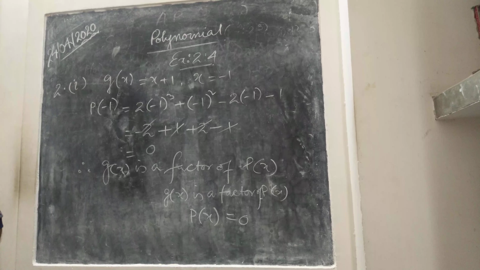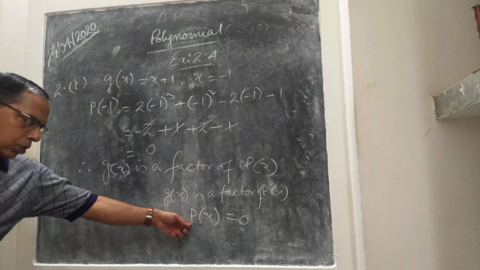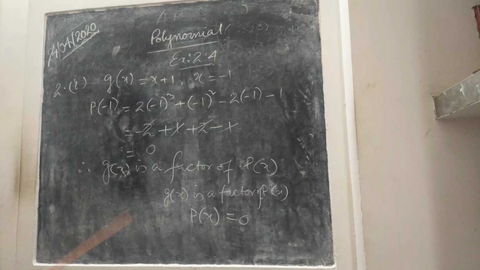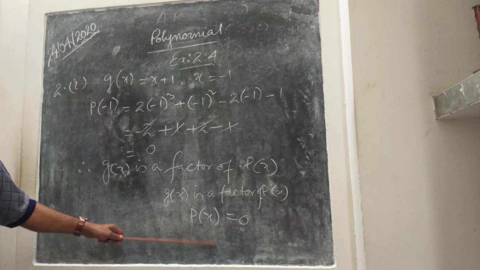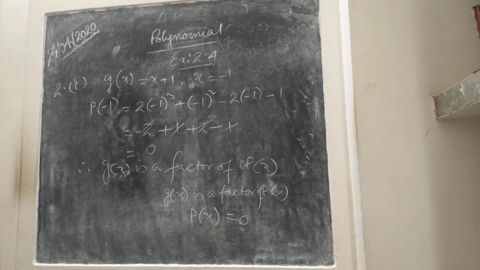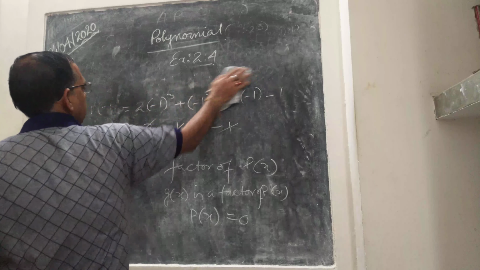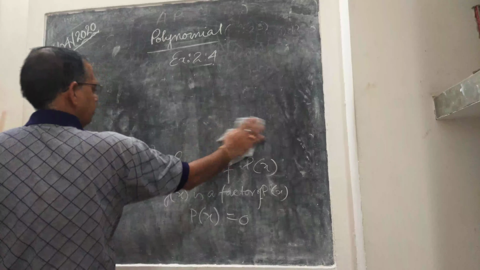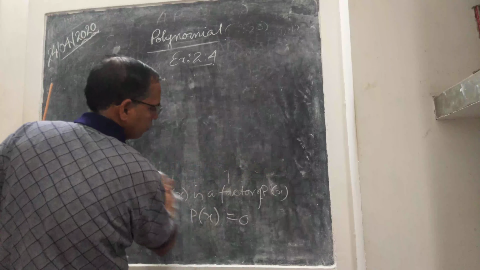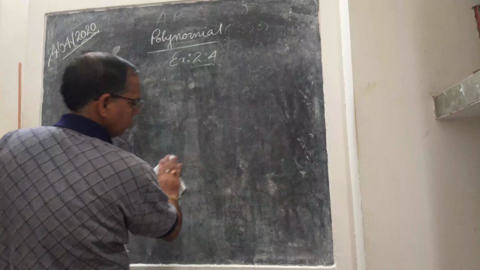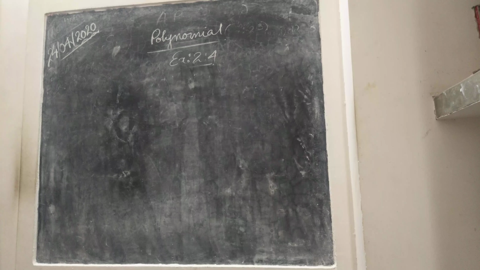Okay. Then one more I will show, and then I will wind up, because with this property we'll solve question number 3, Roman 3. Okay, so let's see.